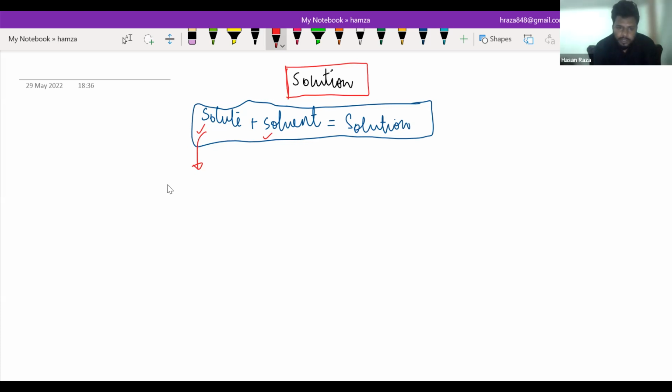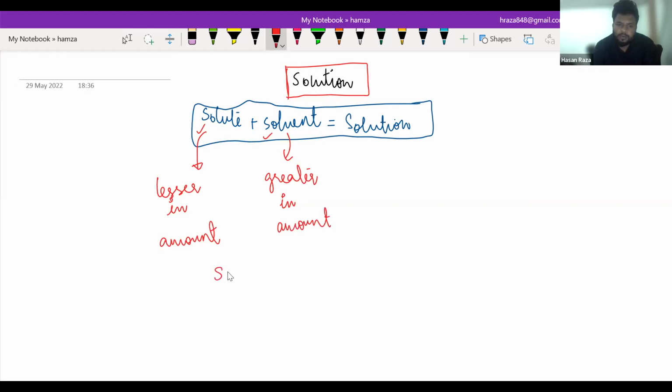Generally, solute is lesser in amount. And when we talk about solvent, it is greater or larger in amount.